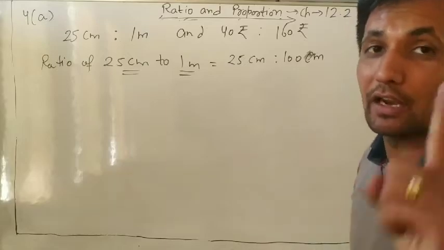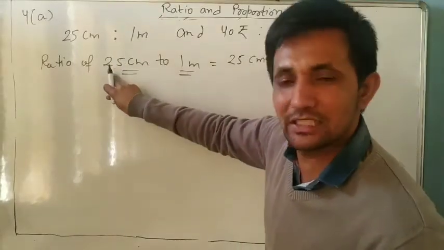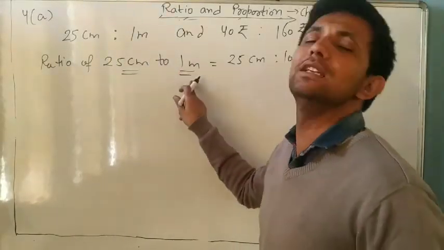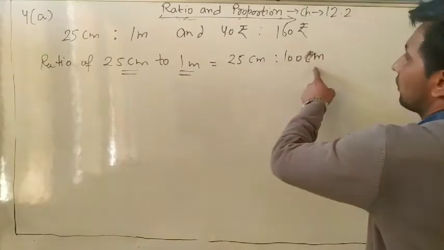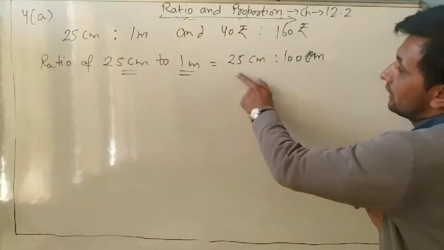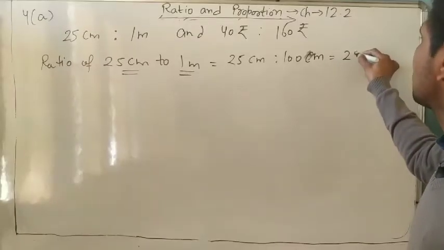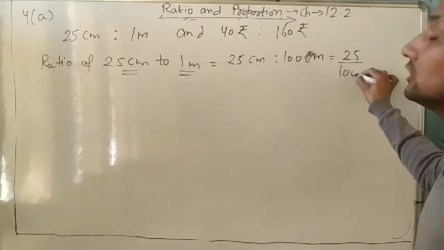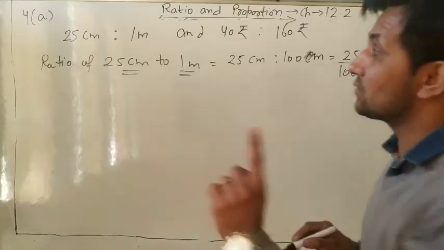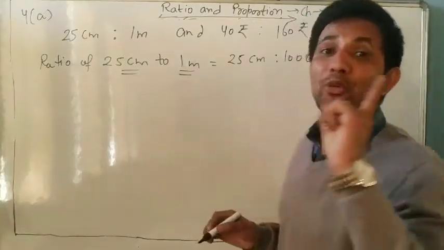So first we will write in the same unit, either change this one into meter or this one into centimeter. So 1 meter equal to 100 centimeter. Now both are in centimeter and we can find the ratio. Understand it? It is very important. Always we will take both in the same unit.